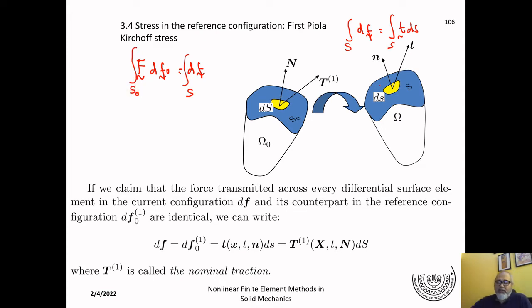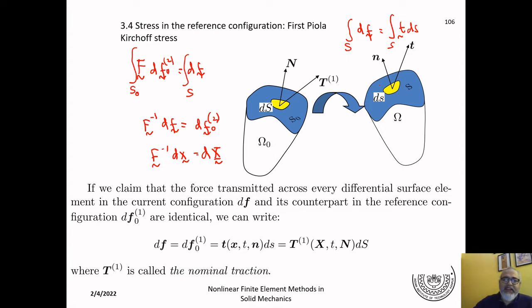So I can do this, and there are some advantages of doing it. So now I am assuming that F inverse df is equal to df0. I call this df0_2 just to distinguish it from this df0. So F inverse df is equal to df0, which is actually analogous to F inverse dx equal to dX. So the elemental force transforms in the same way as the elemental line element does, right?